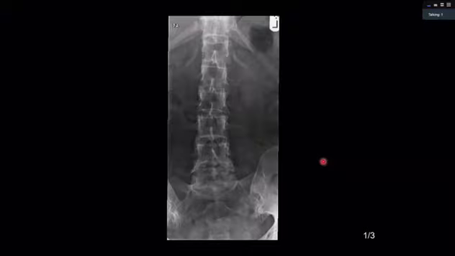Okay, so this is a frontal radiograph of the lumbar spine. There's no scoliosis. On this frontal view, the vertebral body heights are normal.